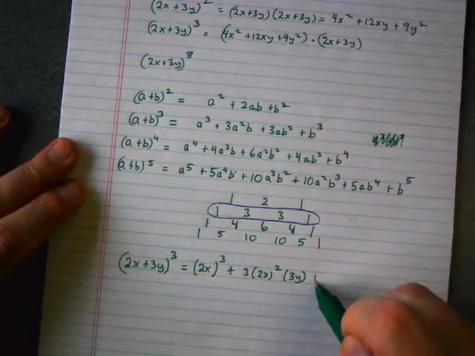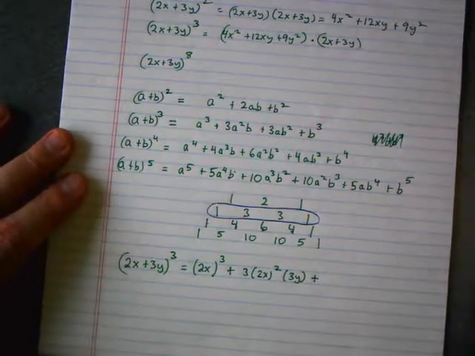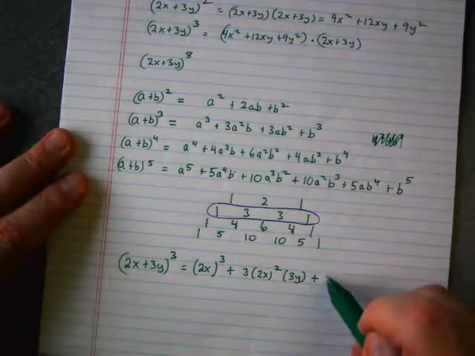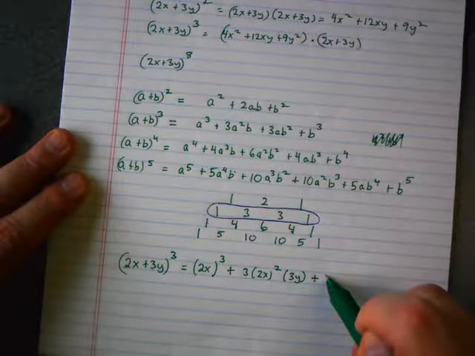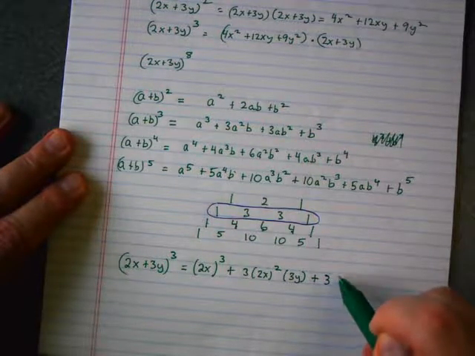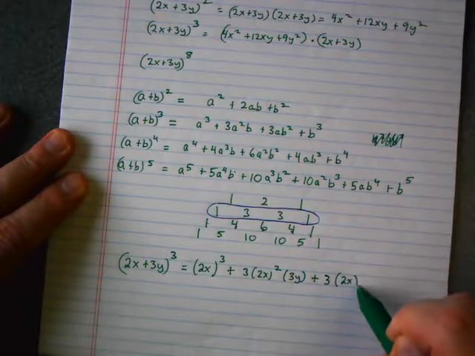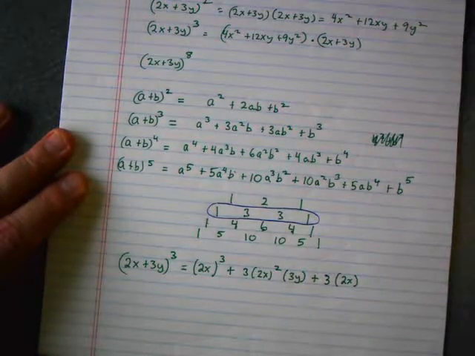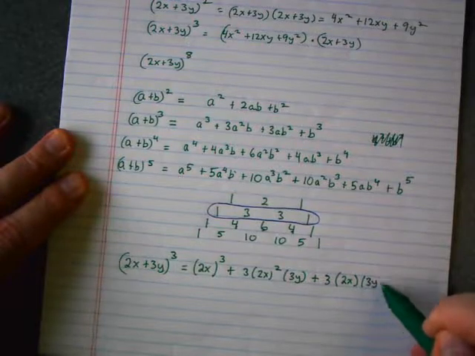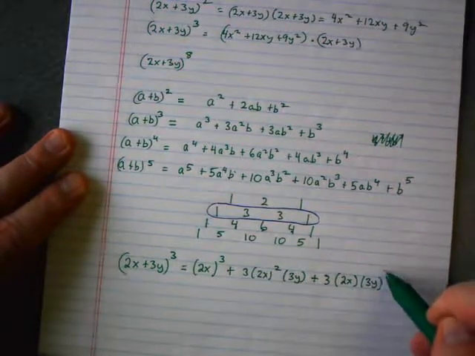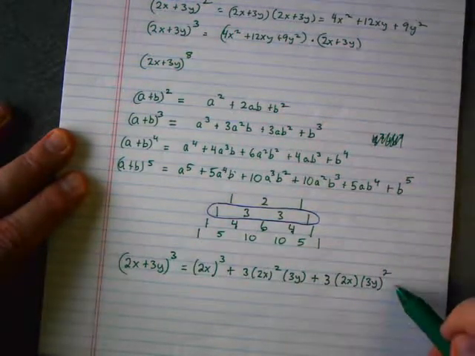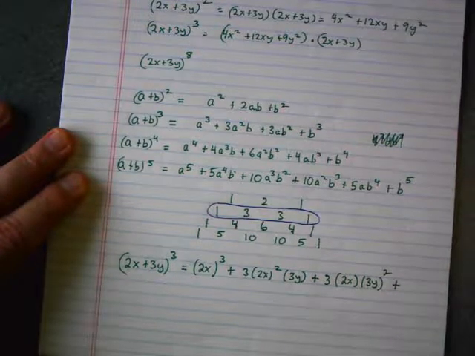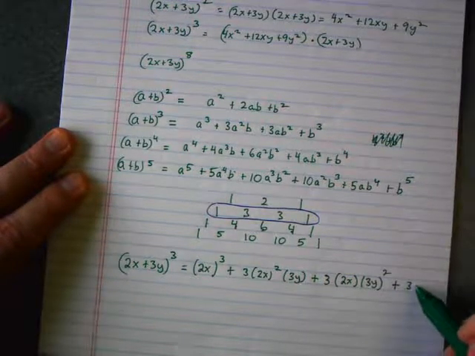Plus, what's the next one? The coefficient is 3. 2x gets raised to what power? The 1. And 3y gets raised to what power? 2. Plus, what's the last term? 3y cubed.